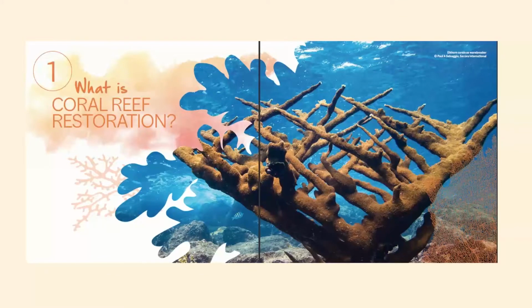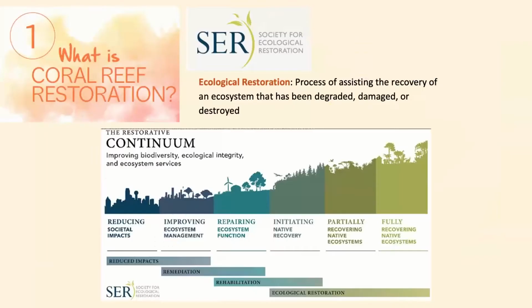And so the first part of the report just describes what coral restoration is. Coral reef restoration is a type of ecological restoration defined by the Society for Ecological Restoration as the process of assisting the recovery of an ecosystem that has been degraded, damaged, or destroyed.